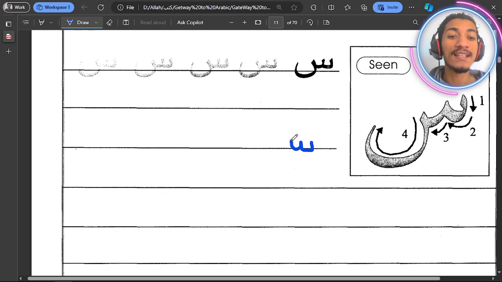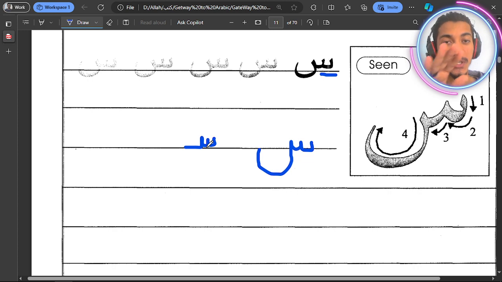And let's go to the next, which are two sisters. The first one is seen. What do we call it? Seen. And we always say that seen has three teeth, as you see here. The head of seen has three teeth. The head of seen is the part that is above the line, as we usually say, and the rest of the letter that goes down is the body or the tail, as you can name it.